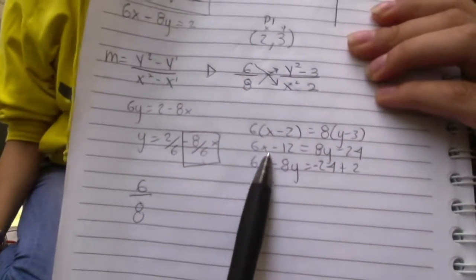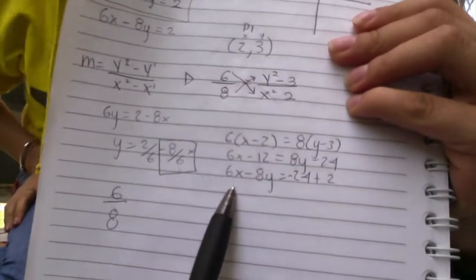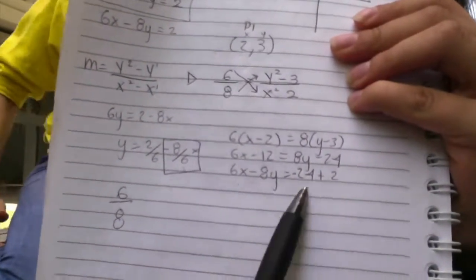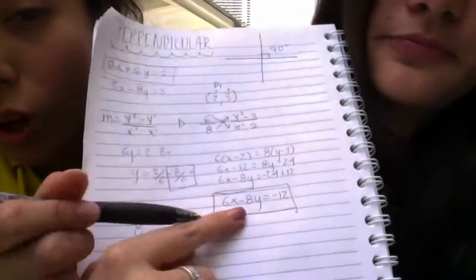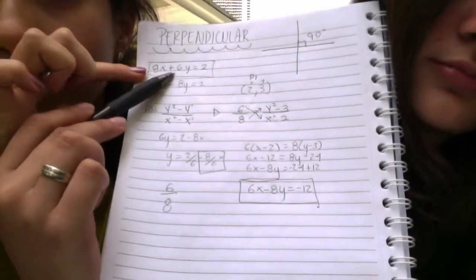Then you pass the x's and the y's to this side and the other terms to this side. So now, we have the function that will be perpendicular to the other function. This is our result. And as you can see, it's the opposite of this one.